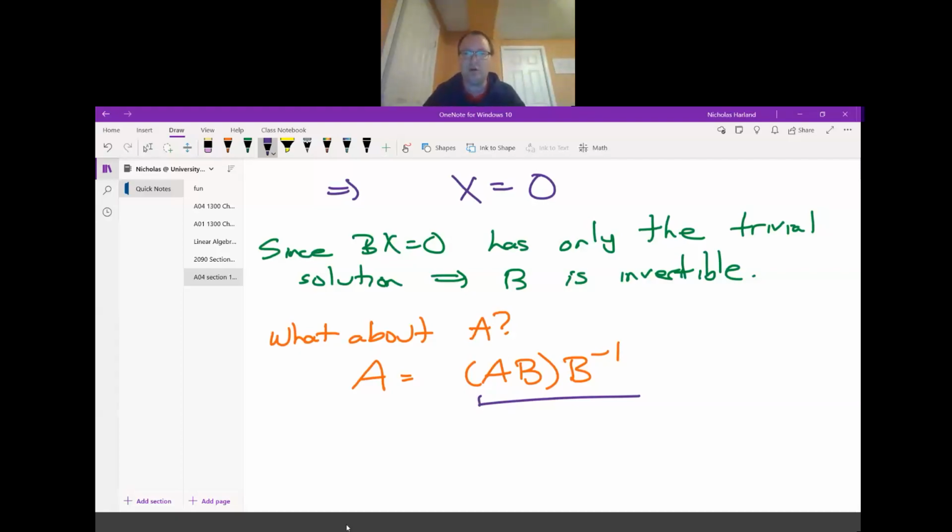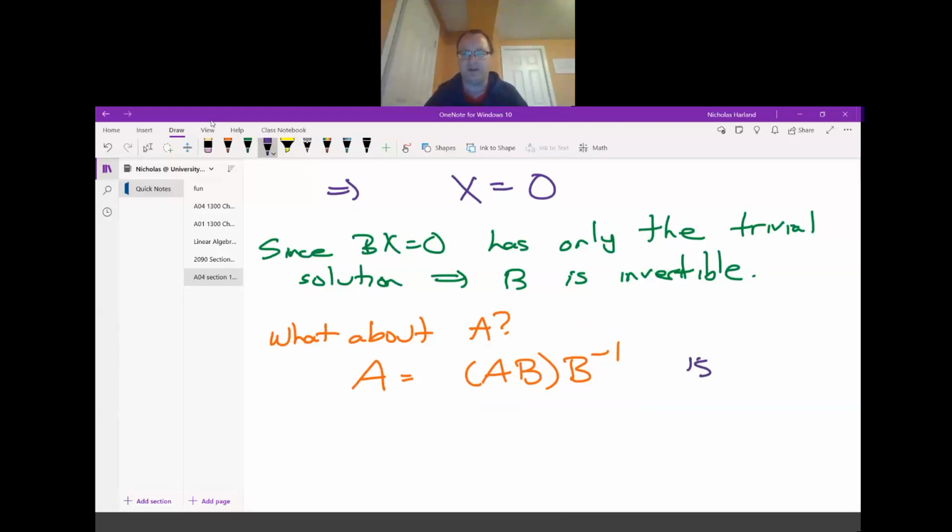All right, well, what do we know about AB? It's invertible. What do we know about B inverse? Is B inverse invertible as well? Bingo, it is. So now we have two matrices multiplied together, and that is something we knew from earlier.